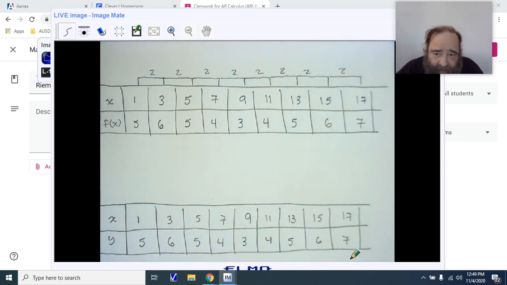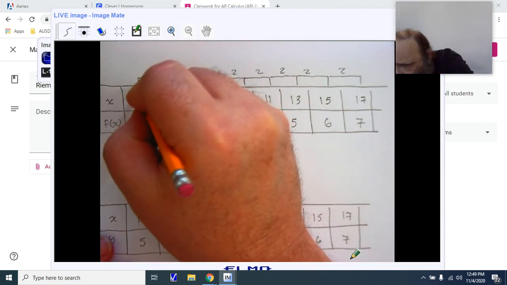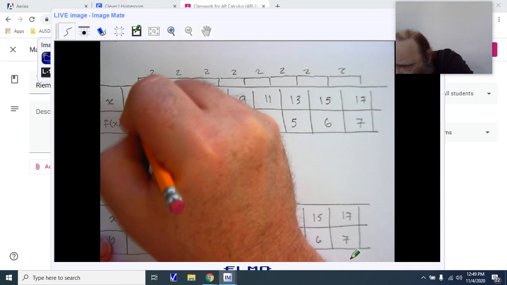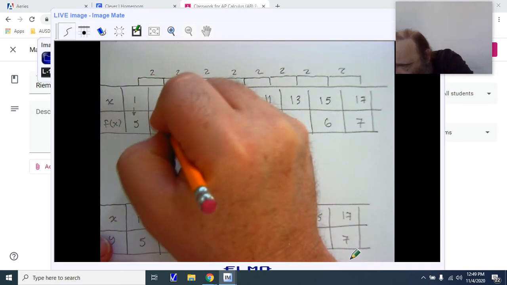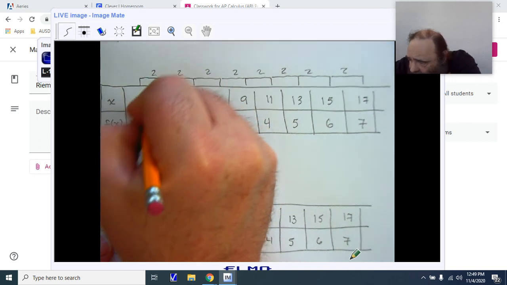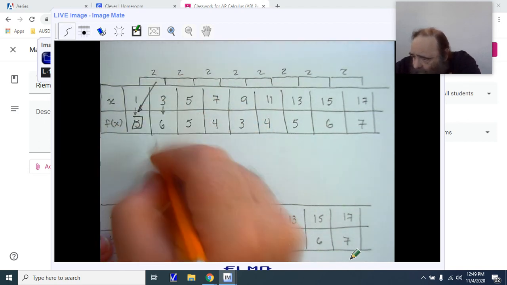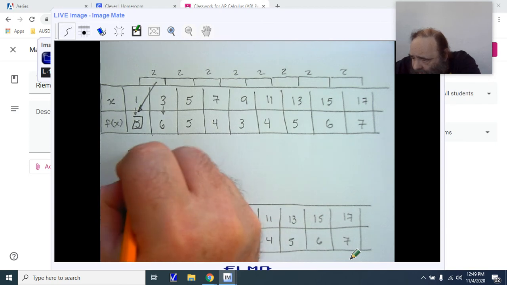Once we have that gap identified, we have two values that are forming that gap, a value at 1 and a value at 3. The left Riemann sum says to take the left value. So we're going to choose 5. We're going to write it down as 2 times 5.